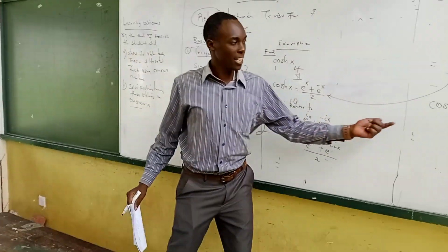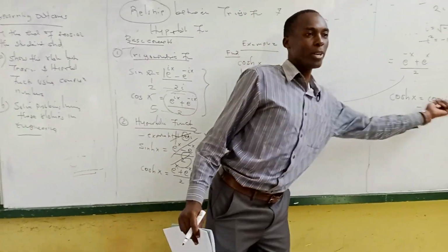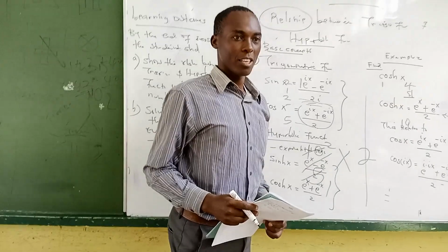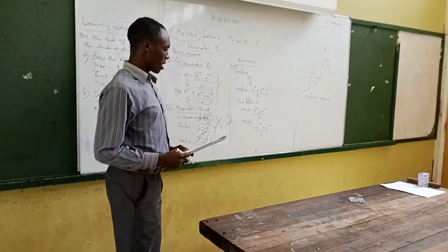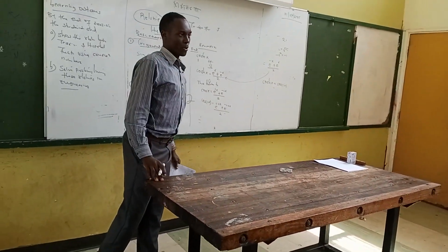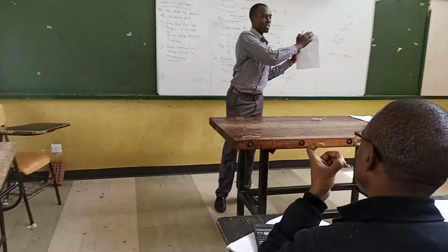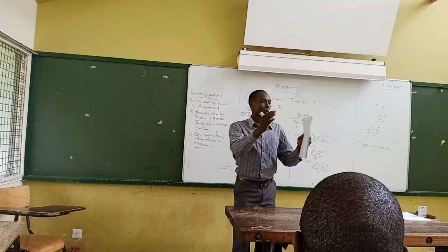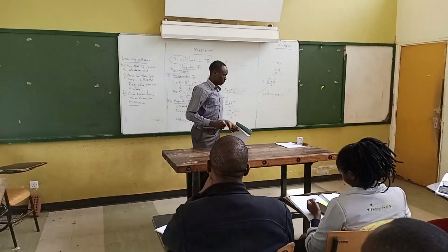Meaning you have related a hyperbolic function to a trigonometric function. That's the relationship between hyperbolic function and a trigonometric function. Meaning in this class, we have done the first bit of changing from trigonometric function to hyperbolic function, and then we have done from hyperbolic function to trigonometric function.